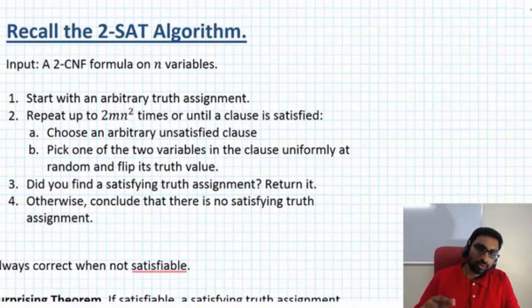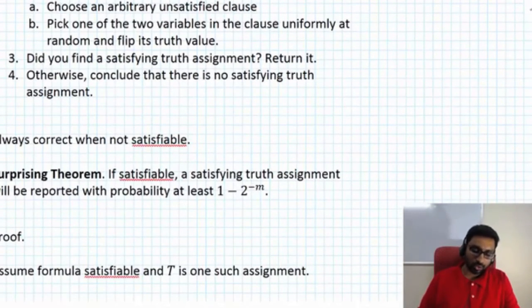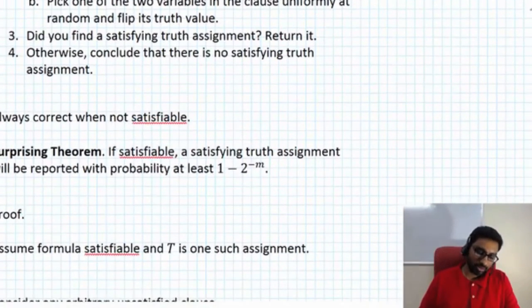And every time we didn't find a satisfying truth assignment, we picked an arbitrary clause and randomly picked one of the variables and flipped it. And we kept doing this process until we either found a truth assignment within 2mn squared time steps, or we just declared that there is no satisfying truth assignment.